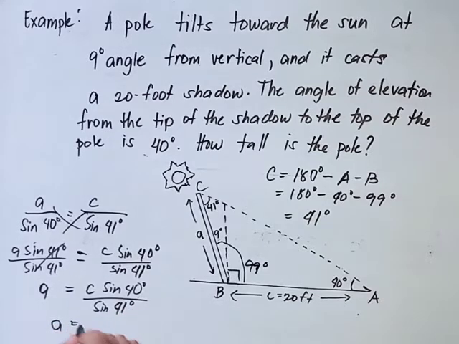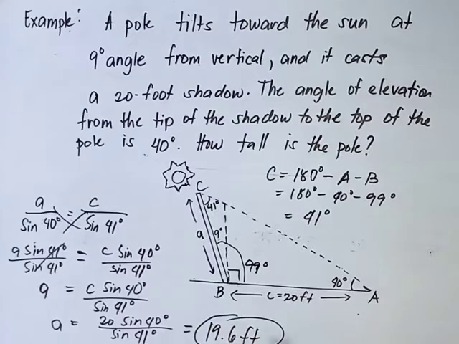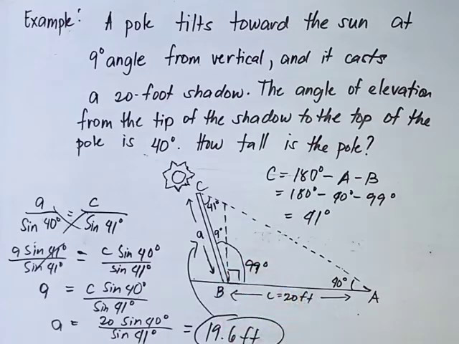Since the given in our side C is 20 feet, side A is equal to 20 sine 40 degrees over sine 41 degrees, which yields 19.6. Don't forget our units, that is in feet. So this is now the height of our side A, or our pole.